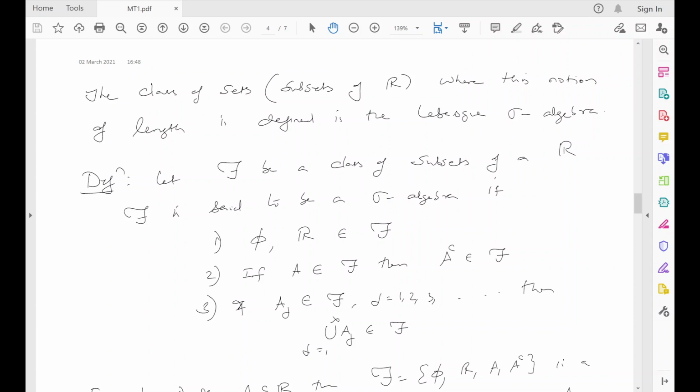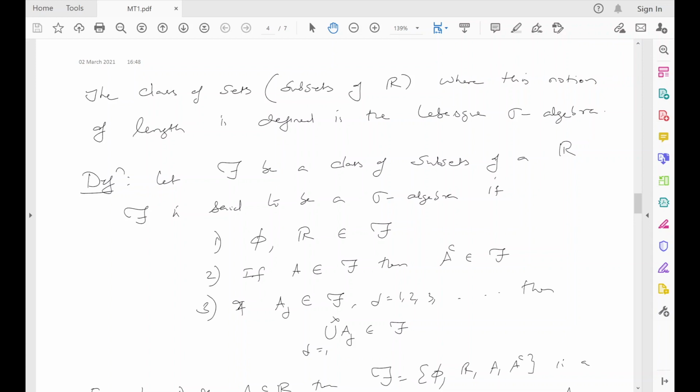It turns out that it is not possible to define it on all subsets. There are various conceptual and technical reasons why this is not possible. I will not get into it, but there is a collection of subsets of the real line where this notion of length can be defined, and we call that the Lebesgue sigma algebra.